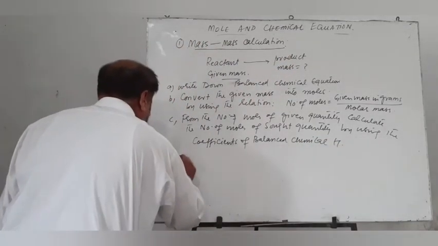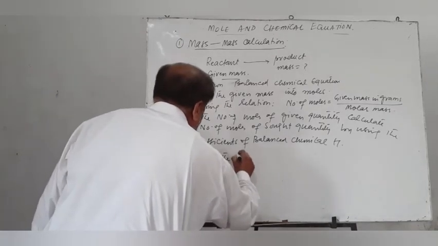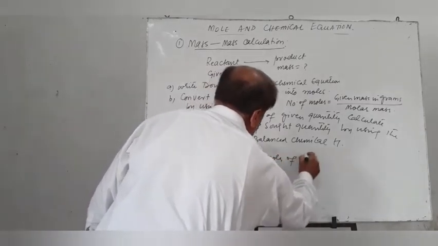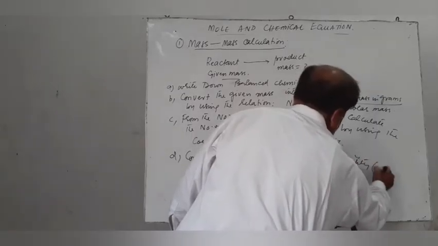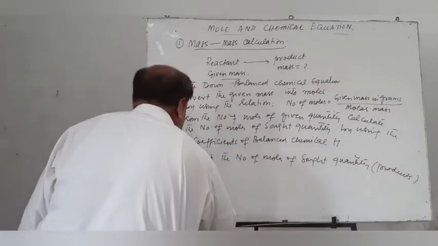Next step is to convert the number of moles of the sought quantity, that is the product in this case, into mass.